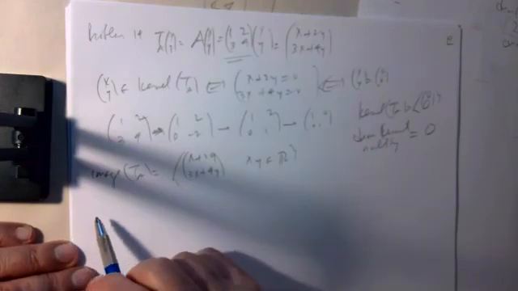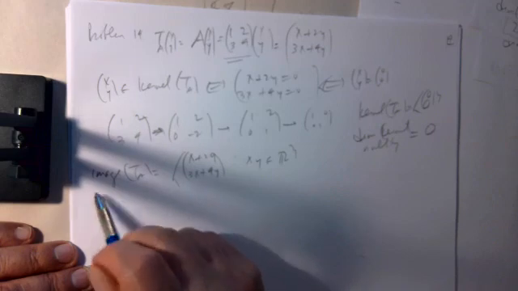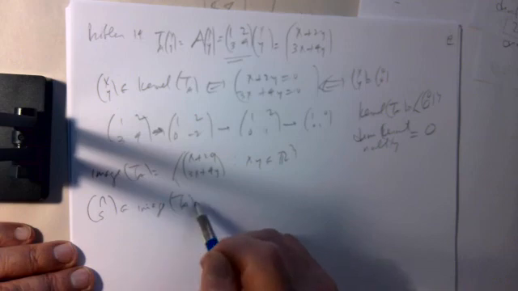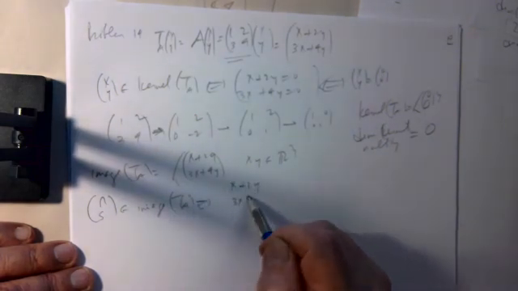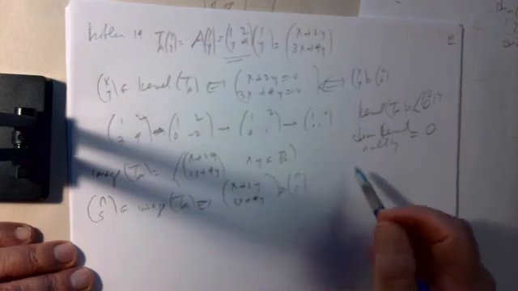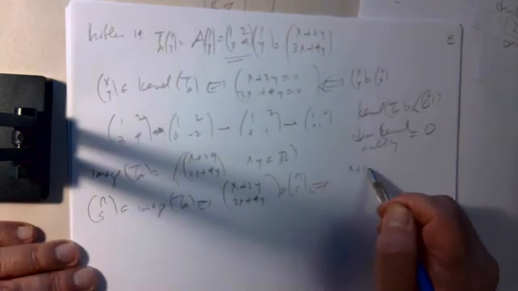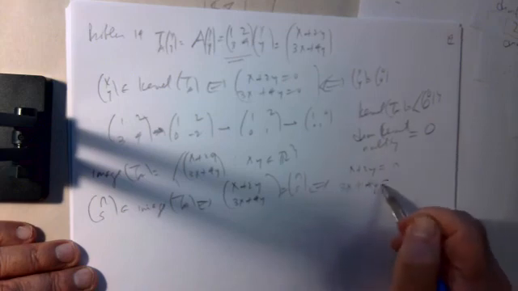So we can say that a vector, I don't know, (r, s) is in the image of T sub A if and only if (x plus 2y, 3x plus 4y) is (r, s). Or if and only if you can solve the equations x plus 2y equals r, 3x plus 4y equals s.